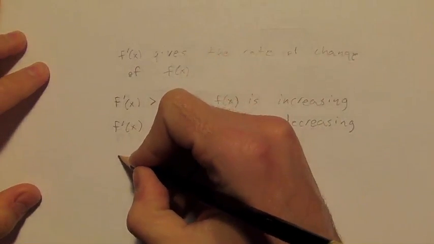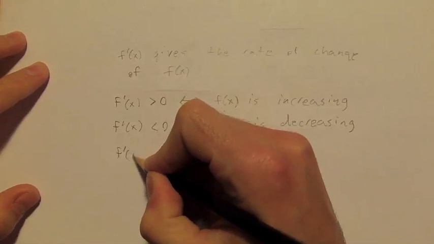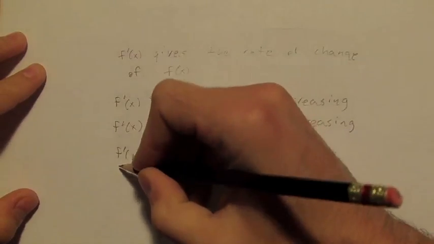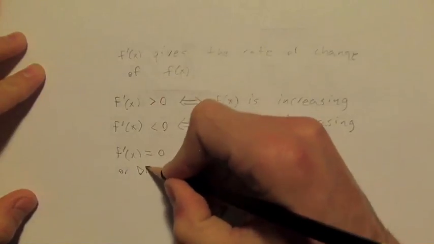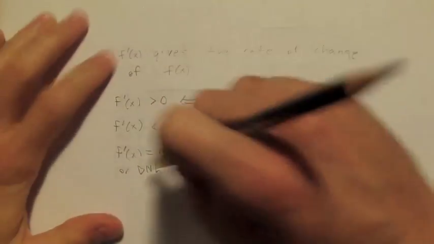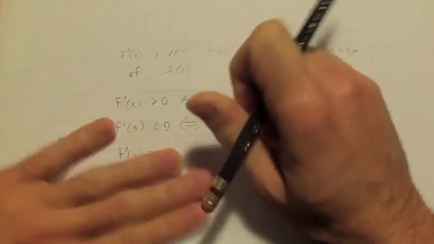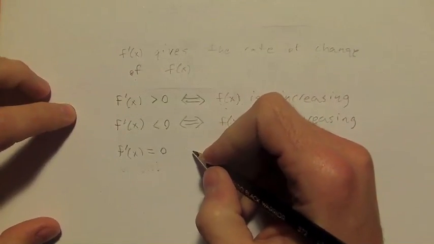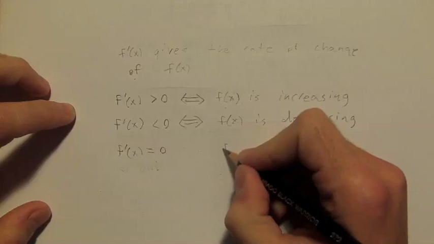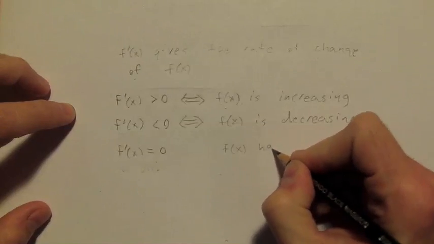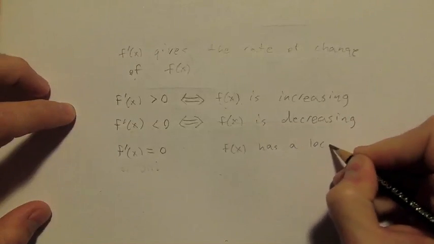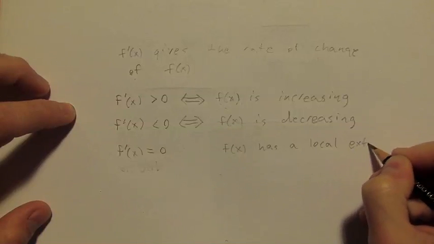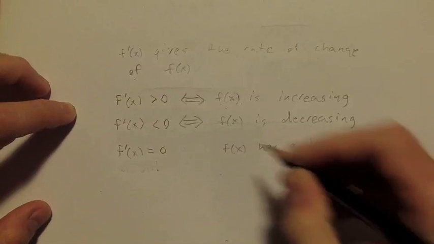And the other case, if f prime of x is equal to 0, then it's possible that f of x has a local extreme there.